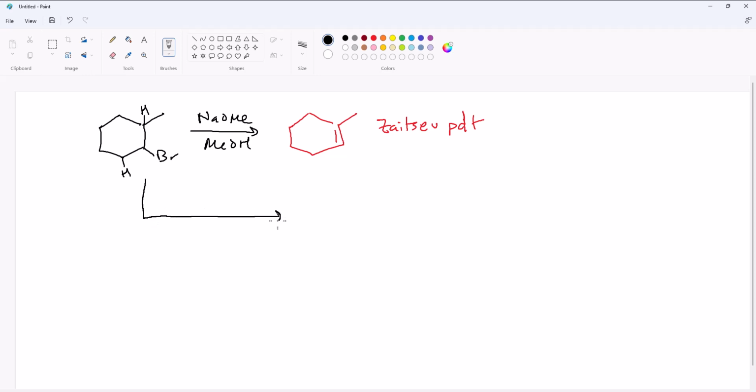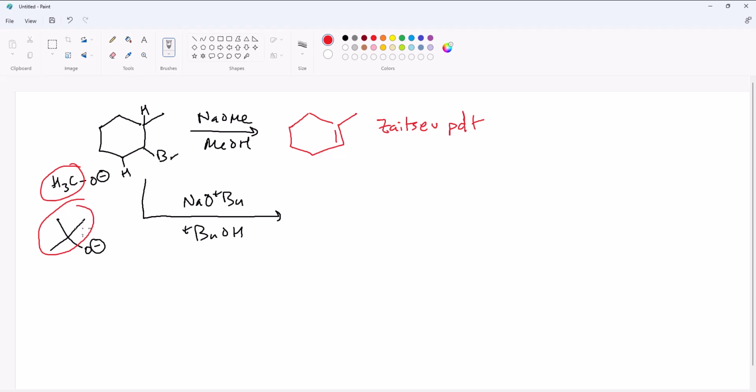One complicating factor is what happens if instead of sodium methoxide, we use sodium tert-butoxide and t-butanol. Just for those who need a refresher, tert-butyl looks like this. This is tert-butoxide. Comparing methoxide to tert-butoxide, we see that tert-butoxide is a much bulkier, sterically hindered, larger base than methoxide.